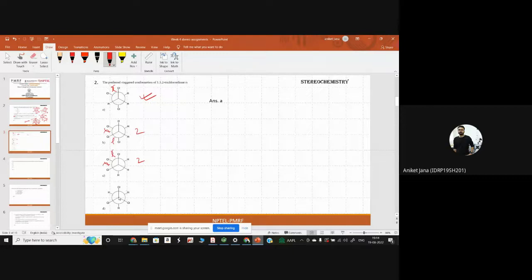You just see, is it 1,1,2-trichloroethane? See, the three chlorine atoms are on the same carbon atom. This is just given to confuse the students. Have you got it?